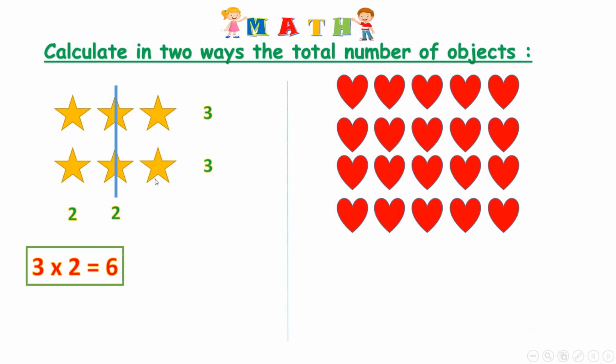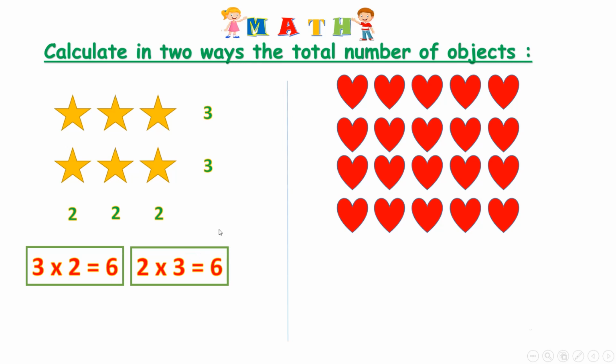So here's the third 2. So how many times do you see the 2? It's 2 plus 2 plus 2, which is 6. But if I want to write a multiplication equation, how many 2 do you see? 1, 2, 3. We say that the number 2 is repeated 3 times, so it's 2 times 3.